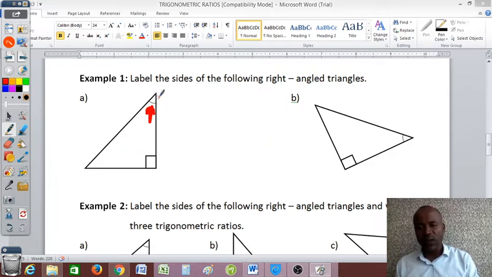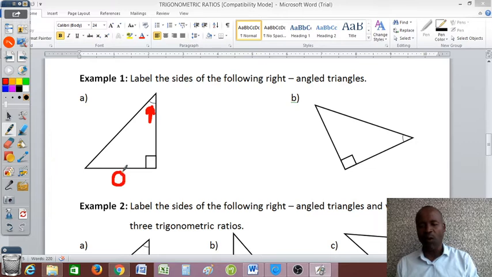So as you can see here, we have given this angle. So for this angle, what is this side? What is this side? And what is the third side? Now let's start from the opposite side. As you can see, the angle is given here. So the side which is opposite to that particular angle is the opposite side.